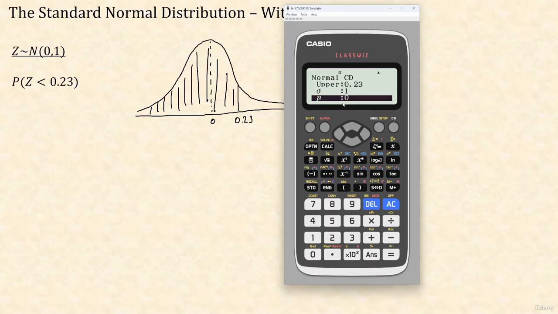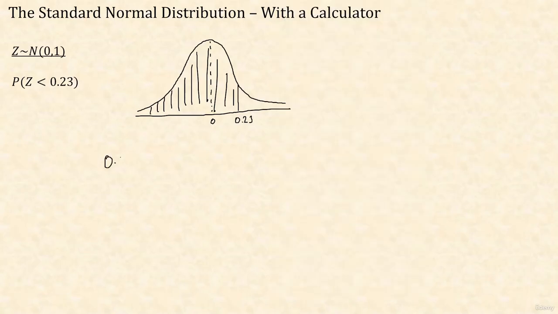That's what it will default to, but you can change that, which we'll do later on in the course. Okay, and with that done, there's our answer, 0.5910. And the notation here is phi of 0.23.